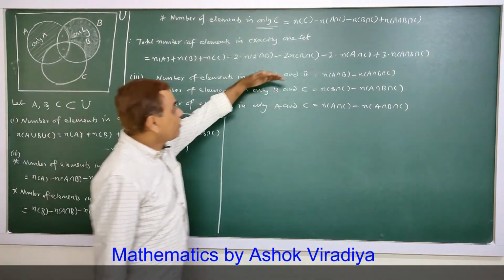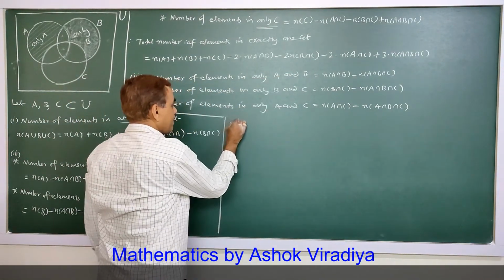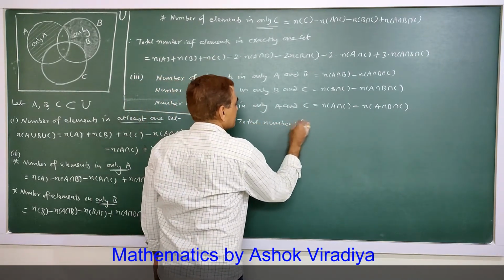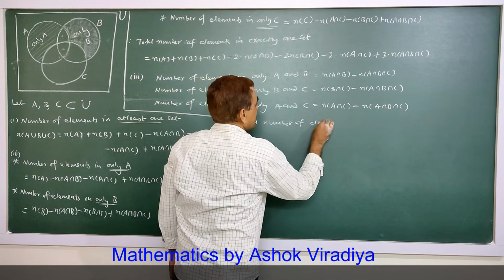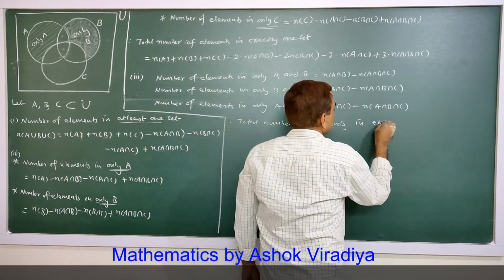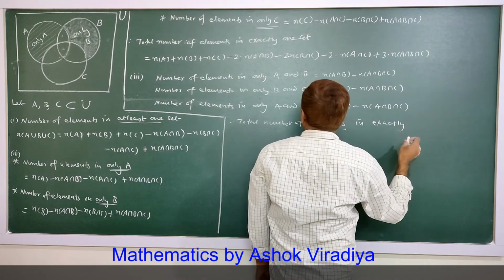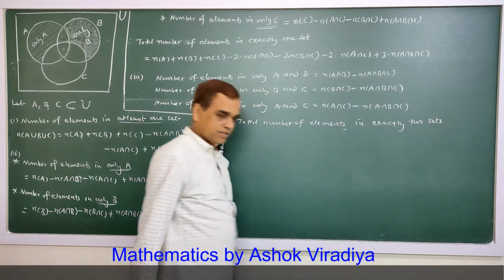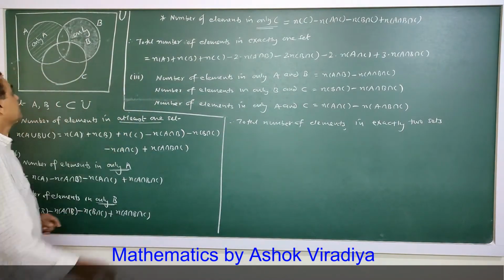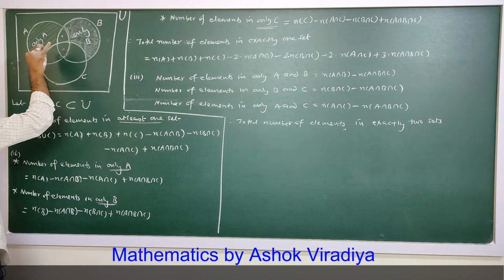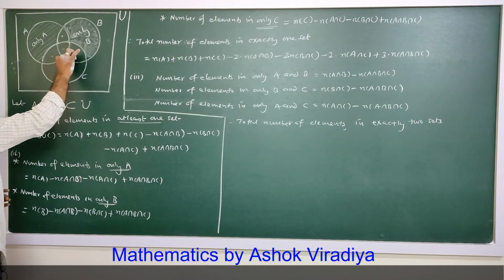So taking a total of these three equations, total number of elements in exactly two sets, means either in this part or in this part or on this part.